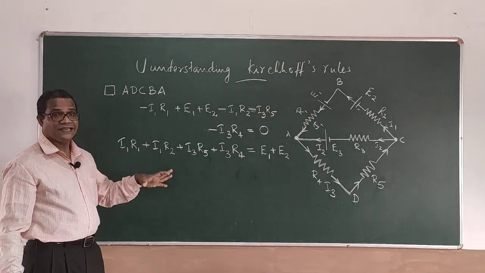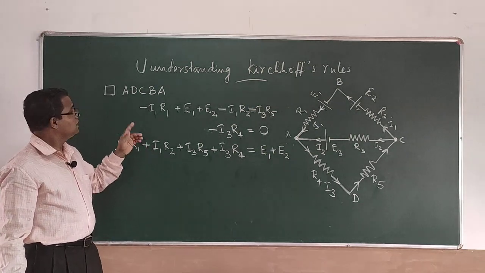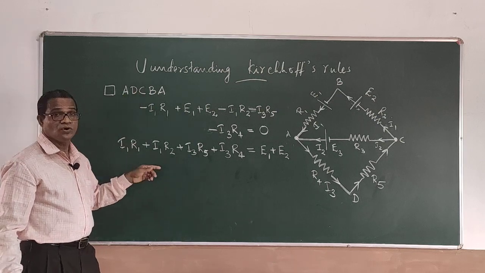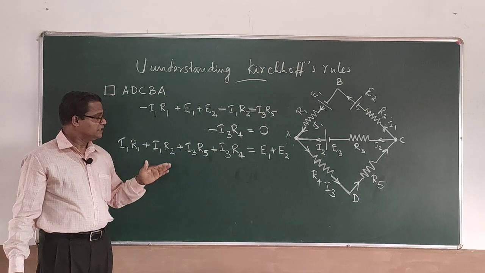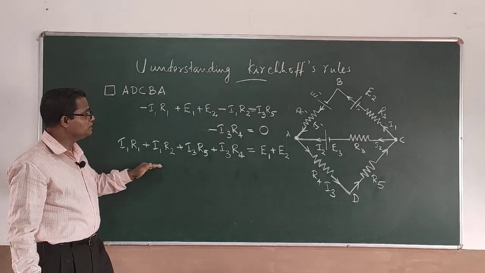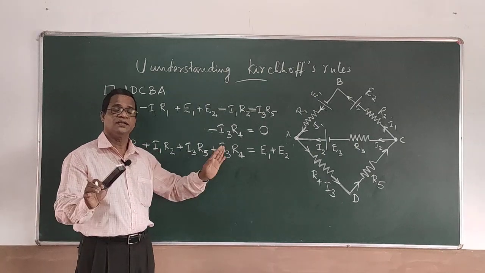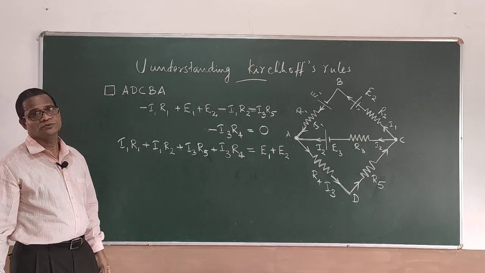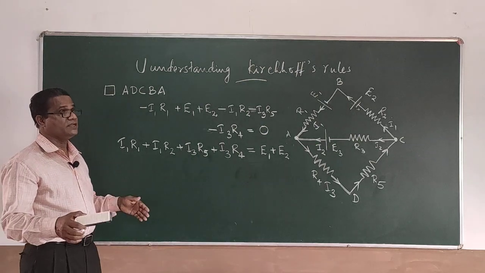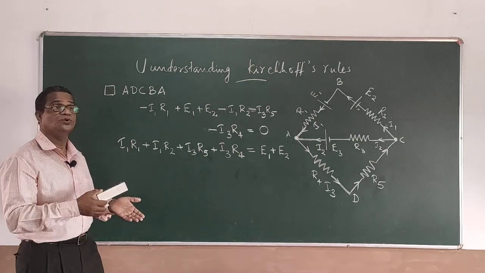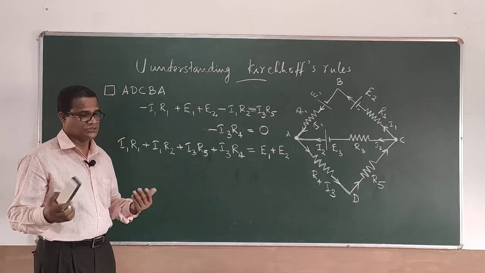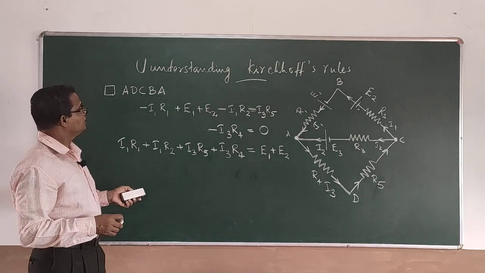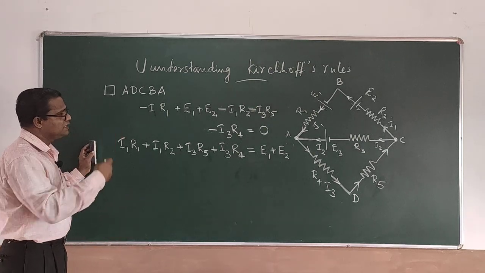So whether you have taken the circuit in the clockwise form or in the anti-clockwise form for the same loop, the loop rule will give you the final result one and the same. So there is no question of whether it is in the clockwise direction or in the anti-clockwise direction. That is at your wish. Okay? Now like this you can practice another loop.